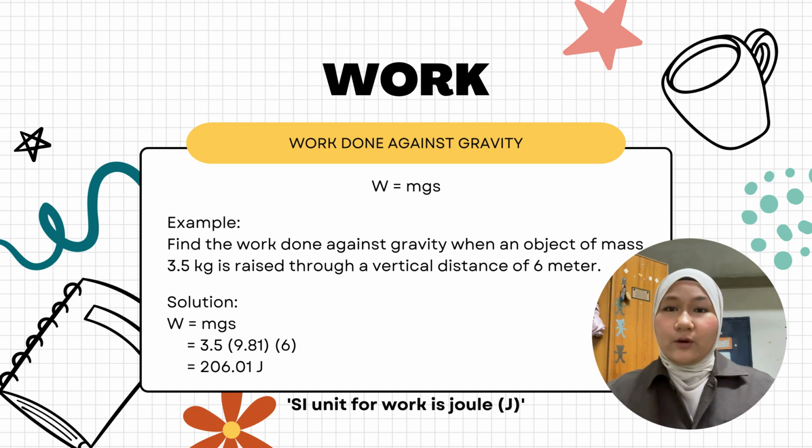Okay, first example. Find the work done against gravity when an object of mass 3.5 kg is raised through a vertical distance of 6 meters. Let me explain to you how to solve this question. First, we know that the formula is W equal to mgs, where m is 3.5, g is 9.81, and s is 6.